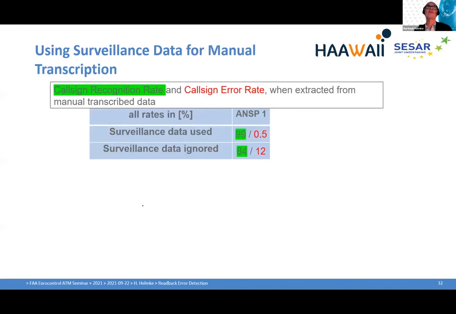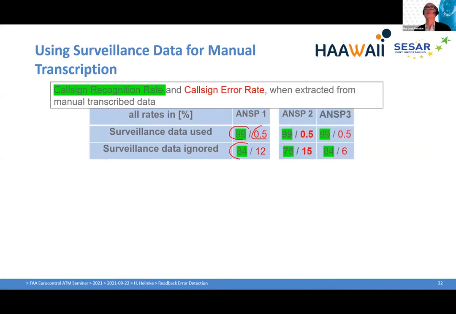Here you have some data with respect to that. We have used surveillance data, and then we get extraction rates of 99% recognition rate on command level. The error rate is very low, still not what we need. But if we are not using the surveillance data, immediately the call sign recognition rate goes dramatically down.